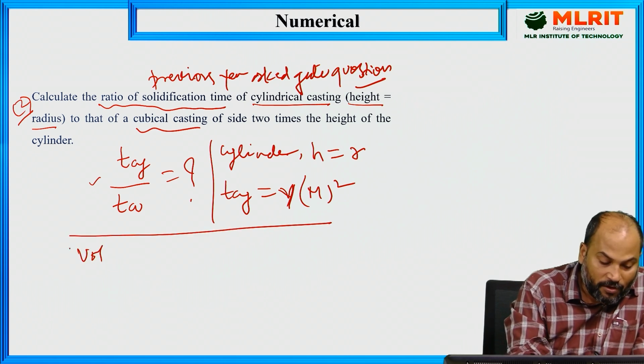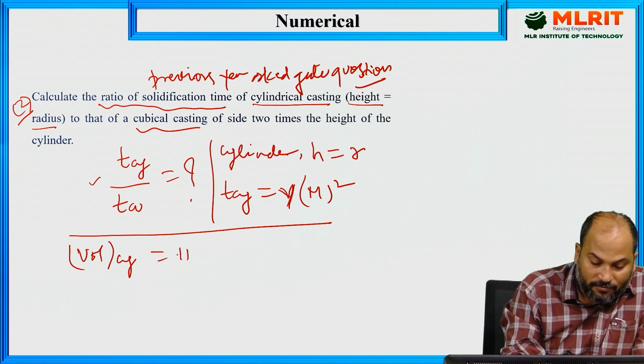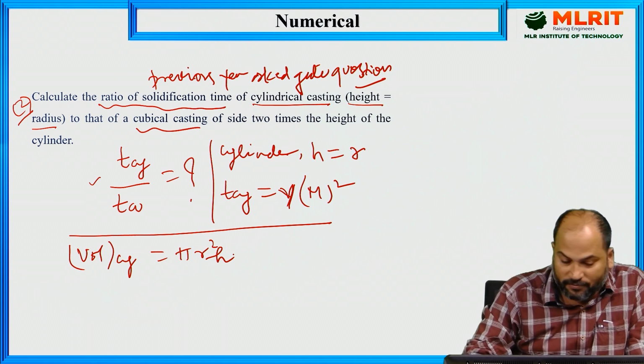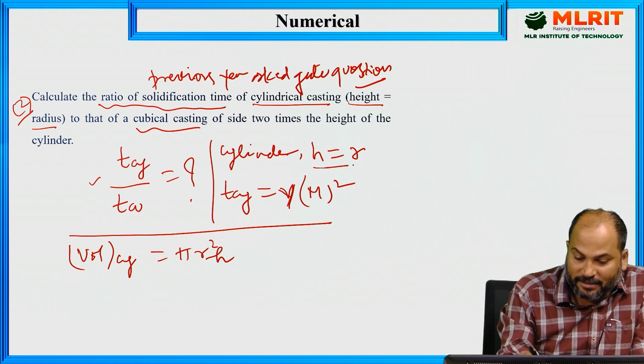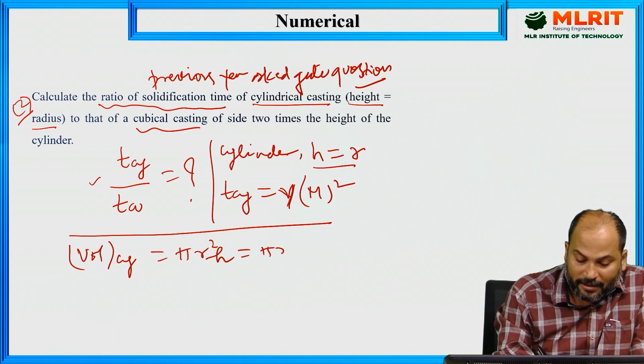The volume of the cylinder is pi r square h. As h is equal to r, in terms of r we can write pi r cube.